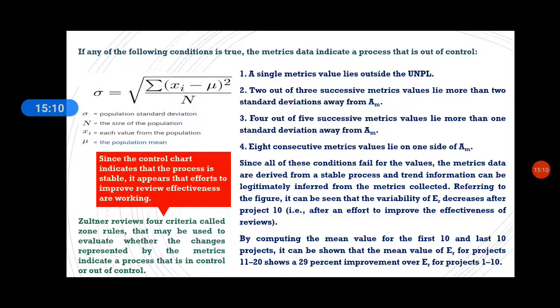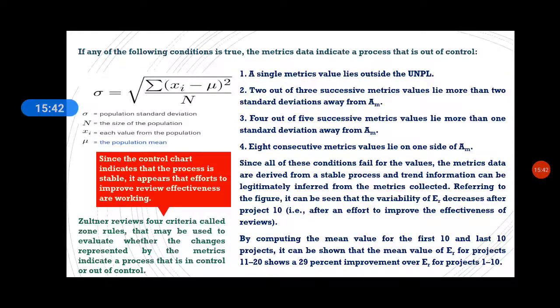The second validation for metric data is that 2 out of 3 successive metric values lie more than 2 standard deviations away from the average value for the metrics. The next one is 4 out of 5 successive metric values lie more than 1 standard deviation away from AM.